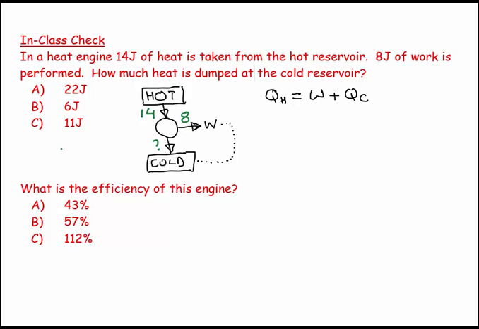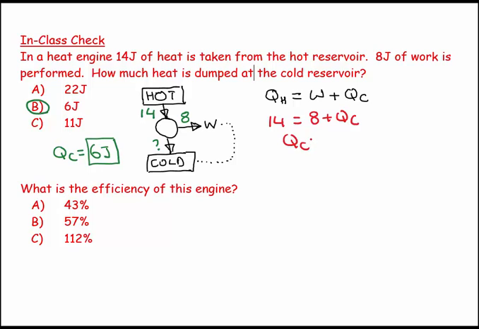And I can say, oh yeah, Q cold is equal to, well, 14 minus 8 leaves 6 joules. So I can actually get it from my diagram. Or alternatively, I could say, well, 14 is equal to 8 plus Q cold.